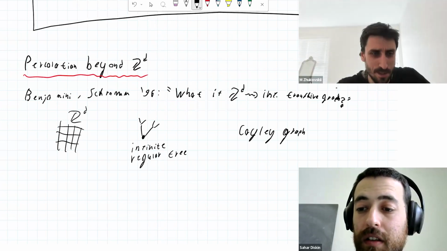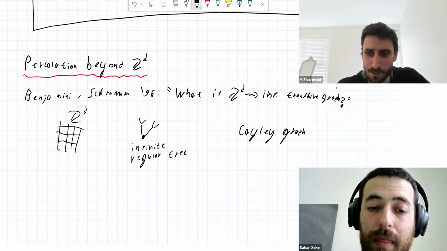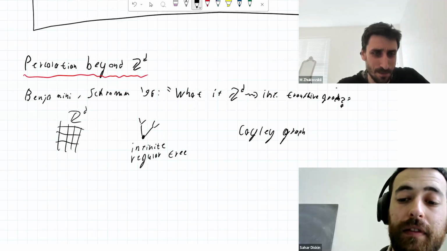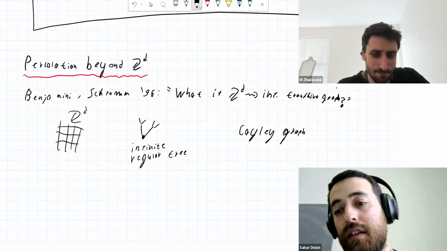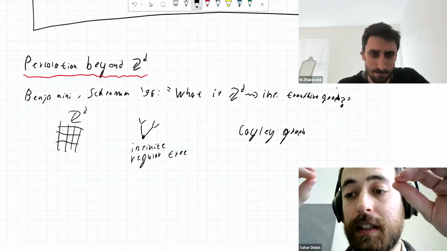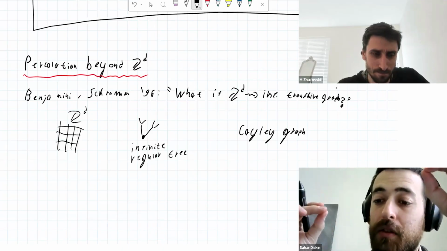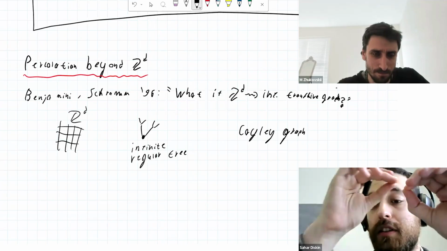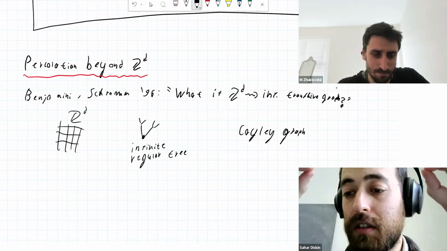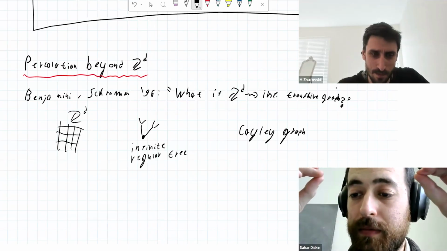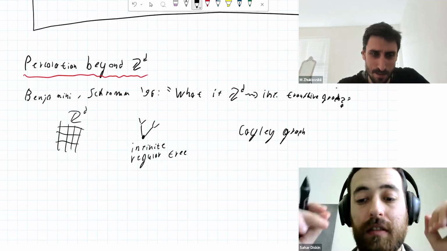Sorry, Sahar, I missed the point where you recalled the definition of a transitive graph. A transitive graph is a graph where every vertex looks exactly the same. Formally, you have an automorphism that maps every vertex to any other vertex that you want. It's vertex transitive. Thanks.